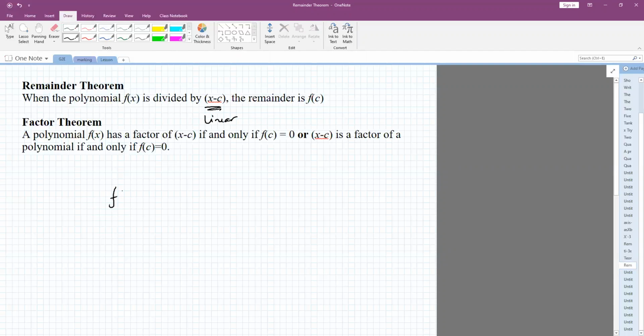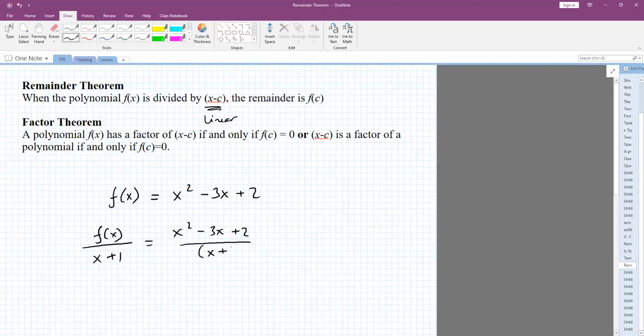For example, we have a function f(x) equals x squared minus 3x plus 2, and when you divide this f(x) by, for example, x plus 1, basically we divide this quadratic term by a linear term x plus 1, and you will get another function.